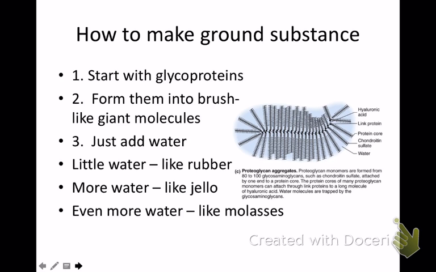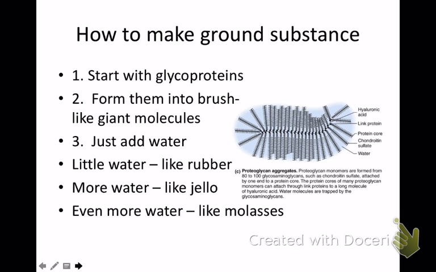How much of this gelatin stuff, compared to how much water, is going to determine the consistency of my Jell-O. If I leave it in the fridge too long and forget to cover it, what's going to happen to it? It's going to lose water by evaporation and just turn into this little hard rubbery thing. Well, that's like cartilage. So cartilage has this in its matrix. Your loose connective tissues have quite a bit of it in their matrix.